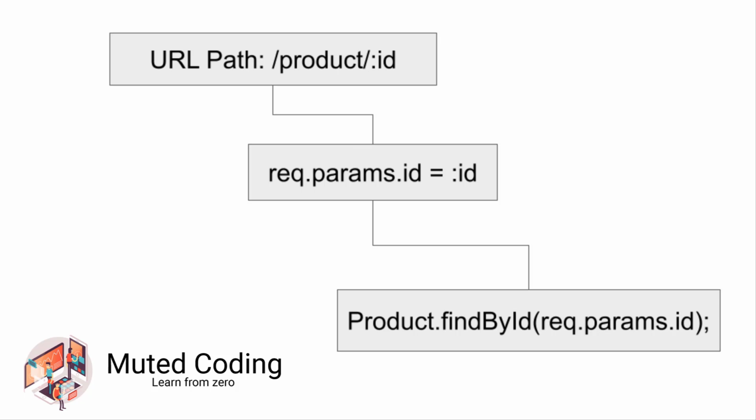For example, if we have the route path like /products/:id, :id is a placeholder to hold any variable value for the parameter. :id equals request.params.id, so we can use request.params.id to access the value of :id, which comes from the URL route path.